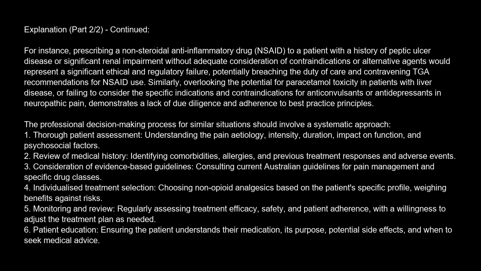For instance, prescribing a non-steroidal anti-inflammatory drug, NSAID, to a patient with a history of peptic ulcer disease or significant renal impairment without adequate consideration of contraindications or alternative agents would represent a significant ethical and regulatory failure, potentially breaching the duty of care and contravening TGA recommendations for NSAID use.